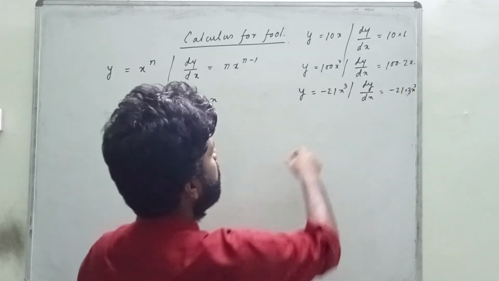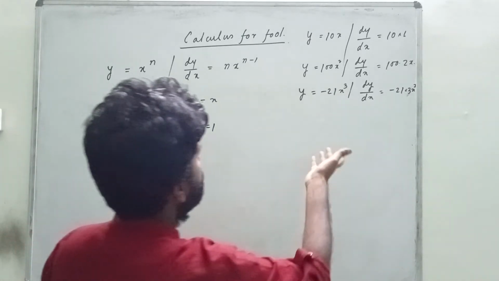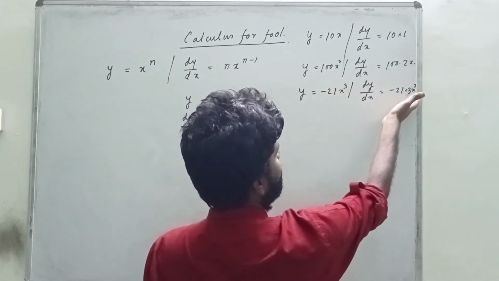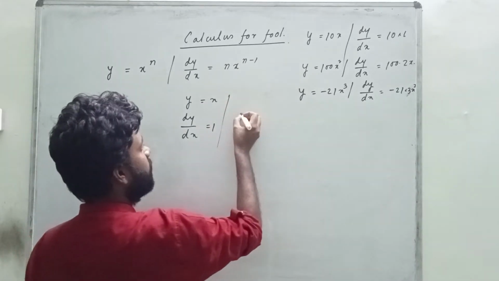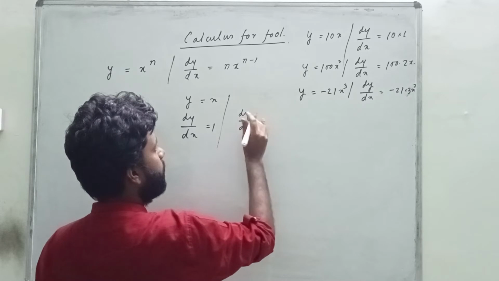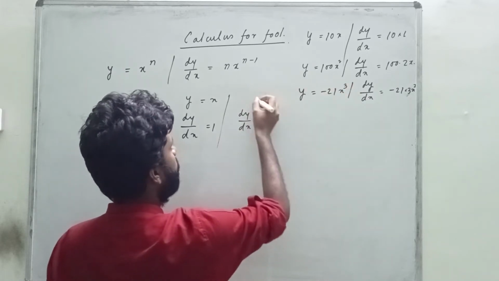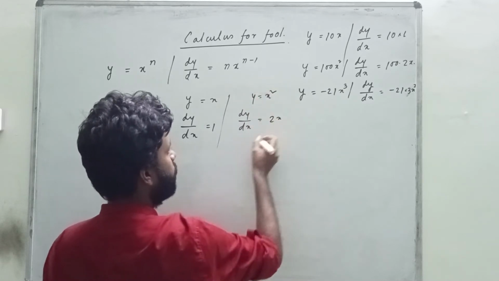And what will be x cube? If y is x cube, then dy over dx is 3x squared. So if y is x, then dy dx goes to 1. If y equals x squared, then dy dx goes to 2x.